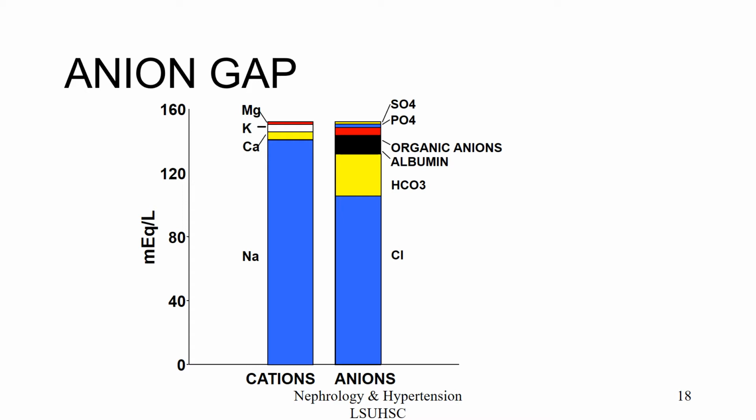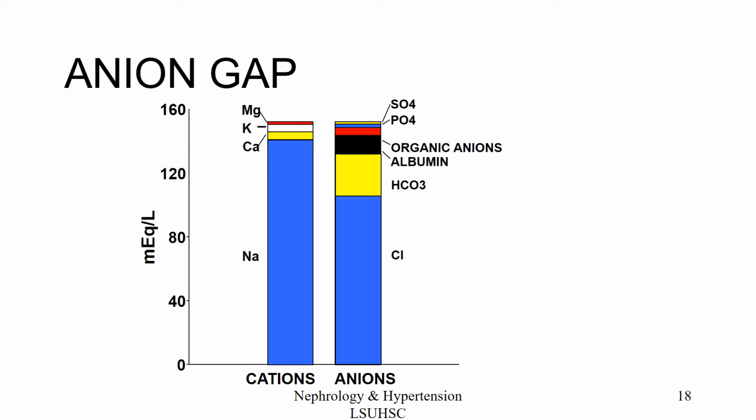The negatively charged anions, chloride and bicarbonate, account for a bulk of it, but the net sum of sodium is usually higher than the sum of chloride and bicarbonate, and this difference between the two is what we label as an anion gap, a gap between sodium, the cations, minus the two most predominant anions, the chloride and the bicarbonate. In reality, there is no difference in the positively and the negatively charged particles, and the net sum of all positives and negatives has to be equal.